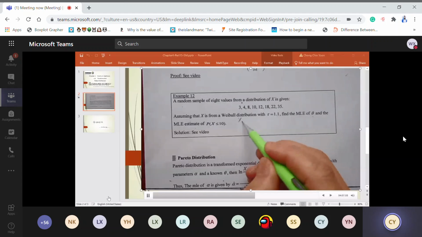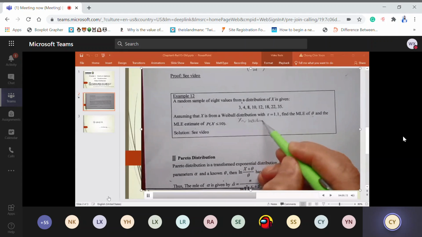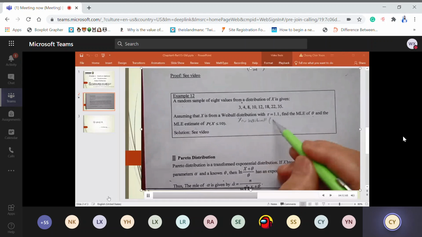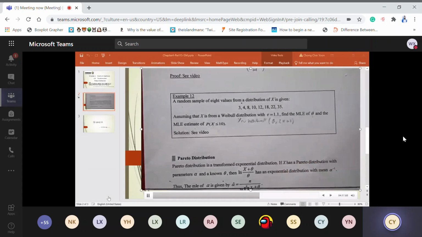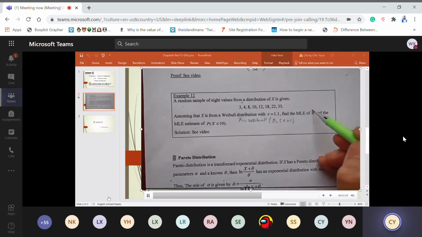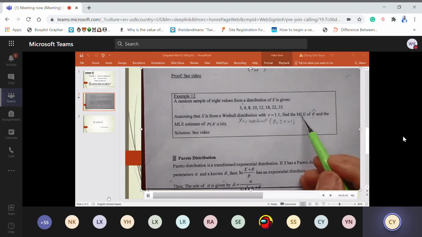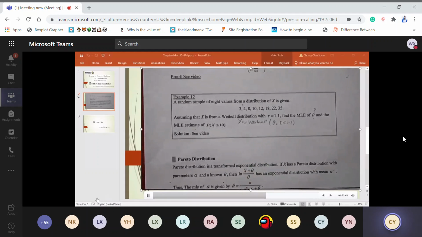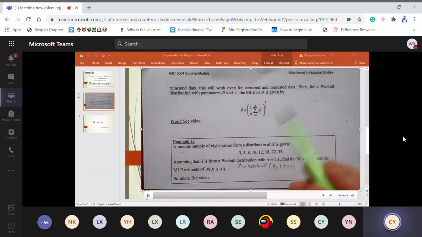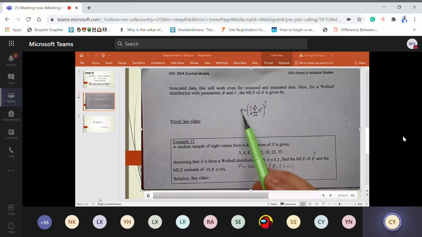Now, since x is Weibull distributed with the parameters theta and tau, which is 1.1, our aim is to find the estimate of this parameter theta under MLE and also the probability when x is less than or equal to 10. So by using this formula, since tau is fixed, we can estimate the parameter theta, and hence this problem is solved.